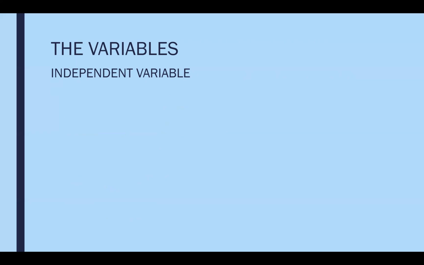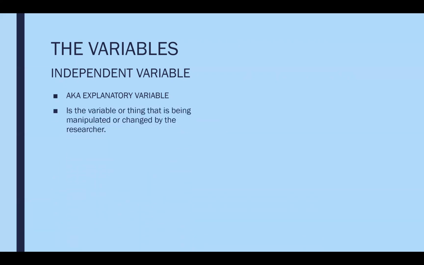We often call them the independent variable, or it's sometimes called the explanatory variable. And the independent variable, or the explanatory variable, is the thing that's being manipulated. Whether or not you get the medication. Do you get the medication or do you get the placebo? Did you get treatment A or treatment B?